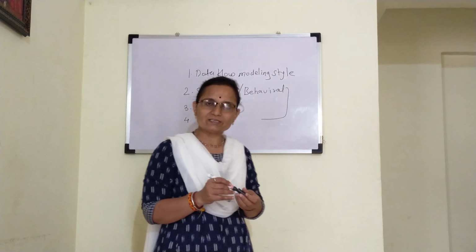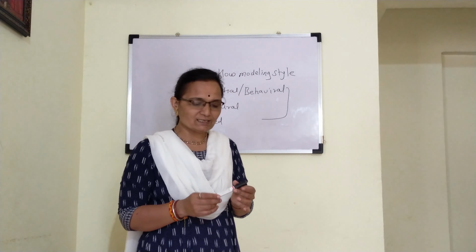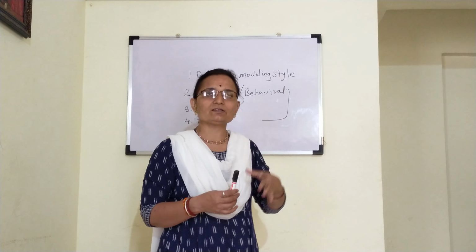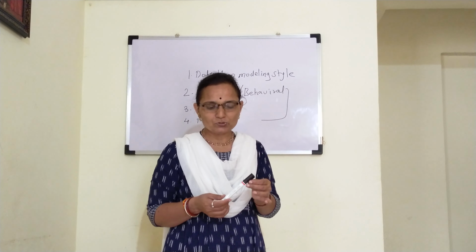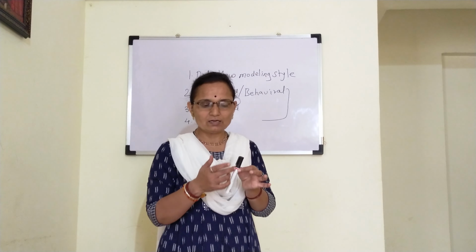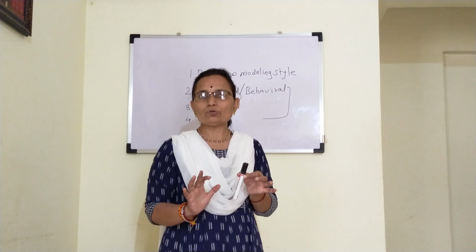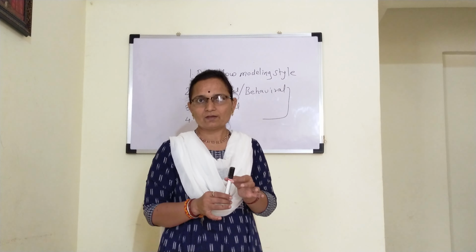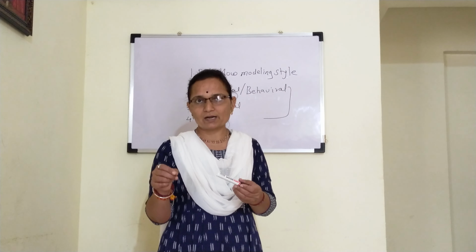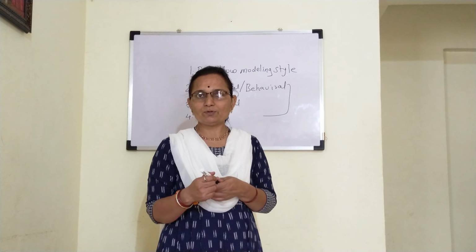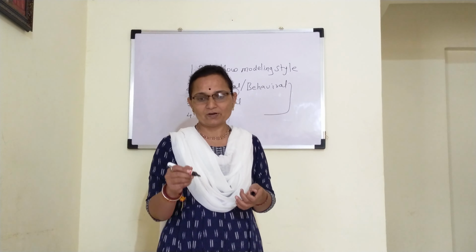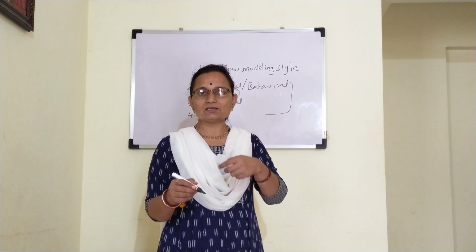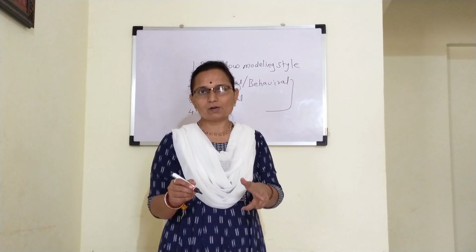So here I am using this marker. Let us see why these three different types of modeling styles are mentioned. You know that from the internal flow of data, you can understand this is a marker. When you use the marker, you know this is an ink marker or permanent marker or water-based. Functionality will decide whether this is a permanent marker or a normal marker.